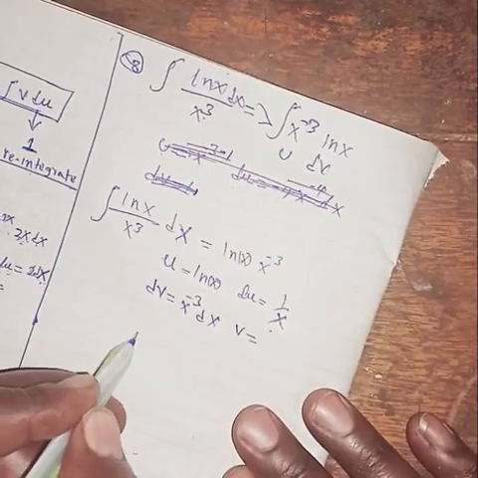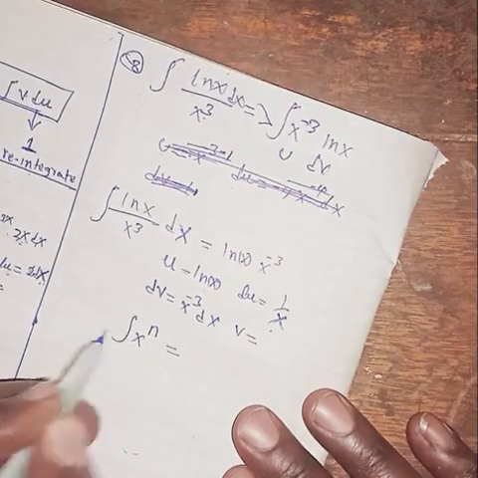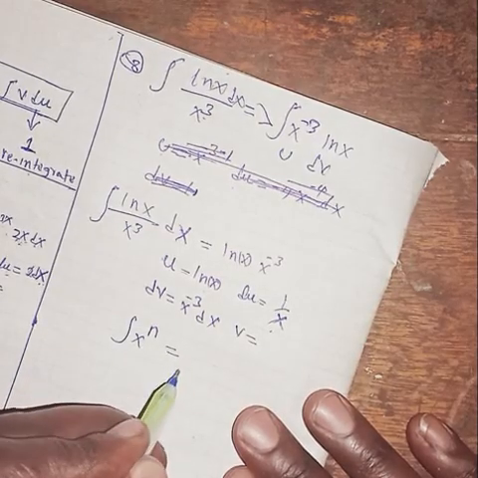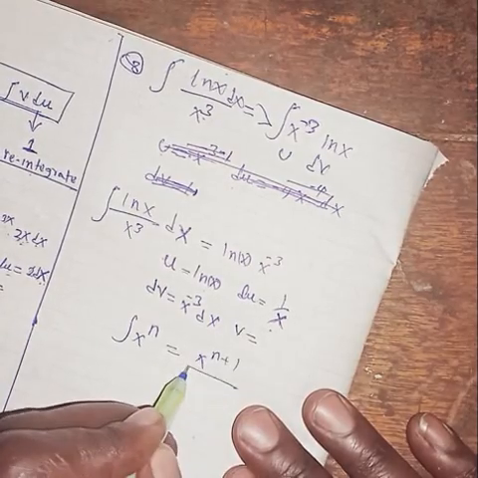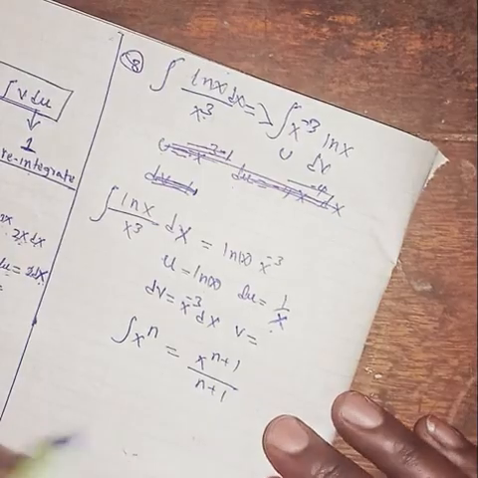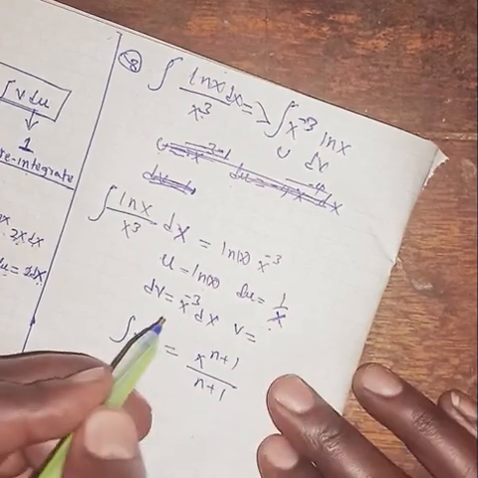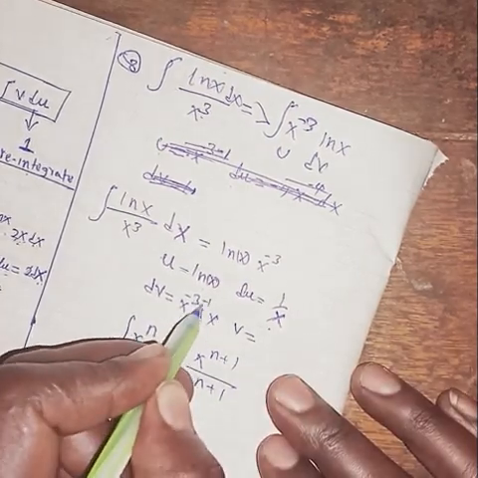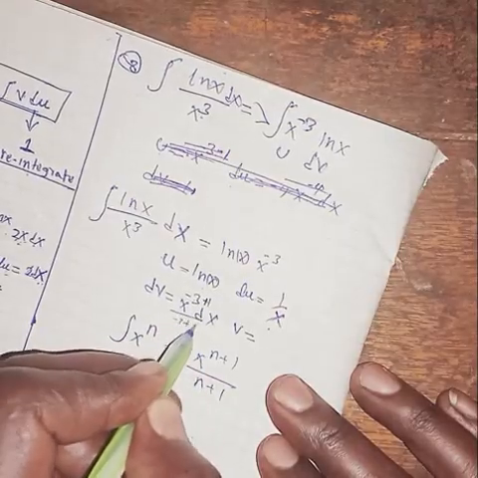When you have something like this and you want to integrate it, it will be x to the n plus 1 all over n plus 1. Let us integrate that one in that form. So we shall say plus 1, and whatever we have got here, divided by negative 3 plus 1.